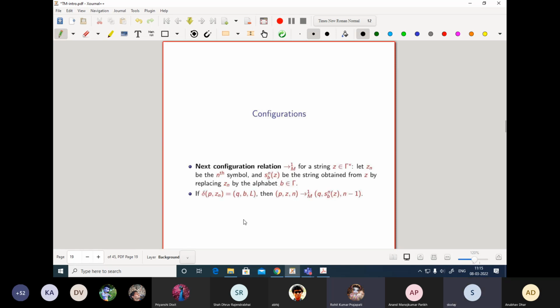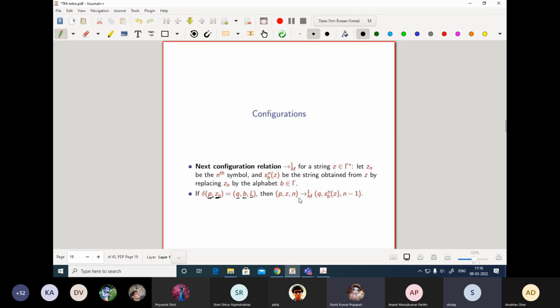Now, this is how we are going to define the next configuration. Suppose I am at state P, my tape head is at the nth cell, and the transition function on P and Zn goes to state Q, rewrites Zn by B, and moves the tape head to the left. Then my next configuration will be as follows.